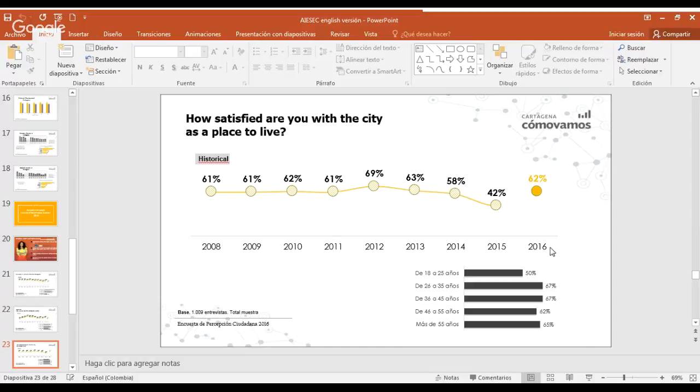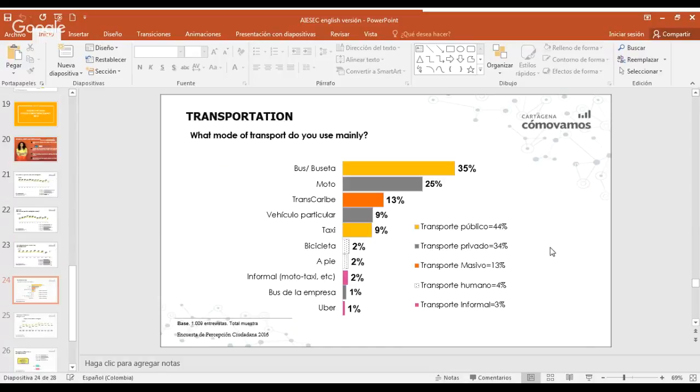Maybe we can say that this result is because people between 18 and 25 have the highest unemployment rate, and it's difficult to find a job when you finish university. So maybe they don't feel satisfied in this city for this kind of reason.